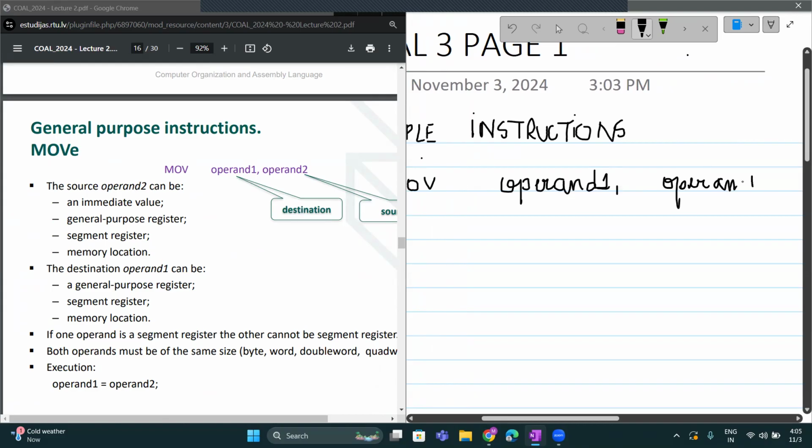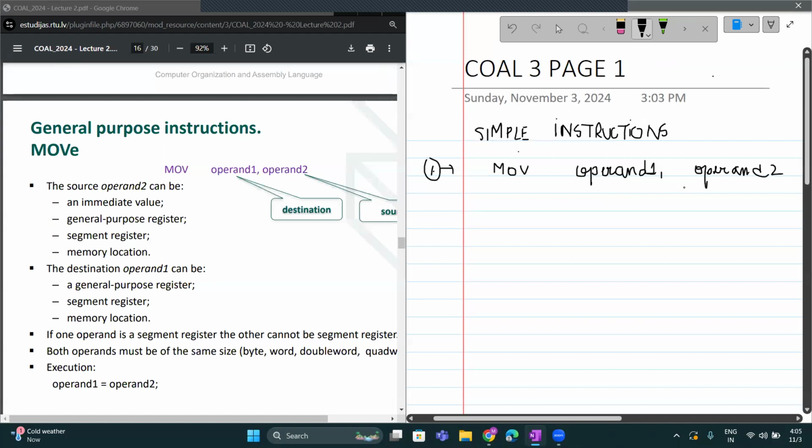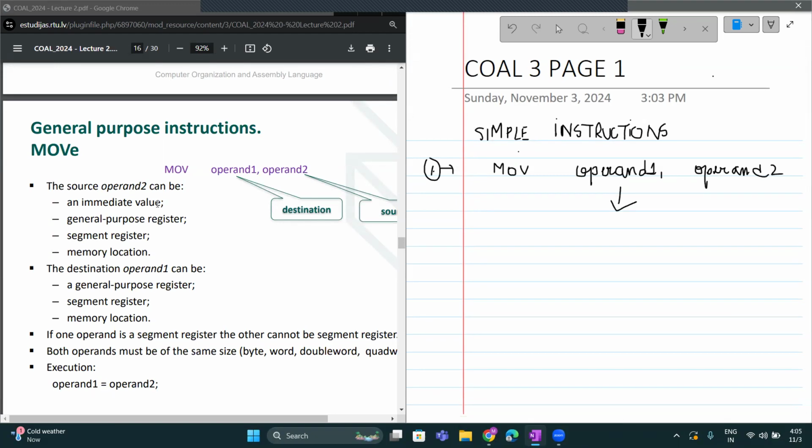Operand 1, operand 2 are kind of like variables. Operand 1 can be just a register, for example EAX, or a segment register, which is also a register, or a memory location.